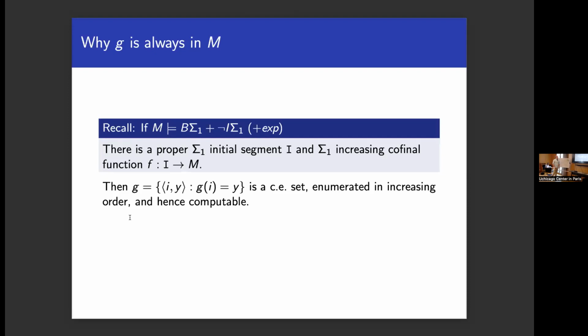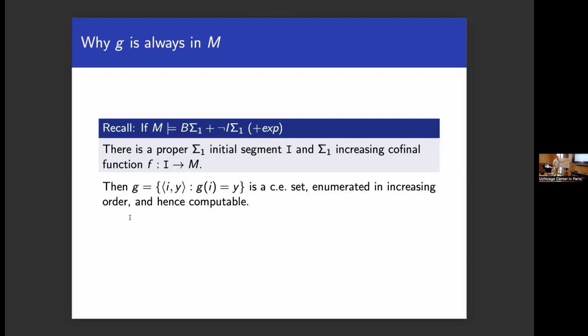Now, once we have M being a model of BΣ1 plus not IΣ1, I claim that g, if it's a model of RCA0*, then g is in the model. If it's just a first order model, then I'm claiming that g is Δ1. Why?